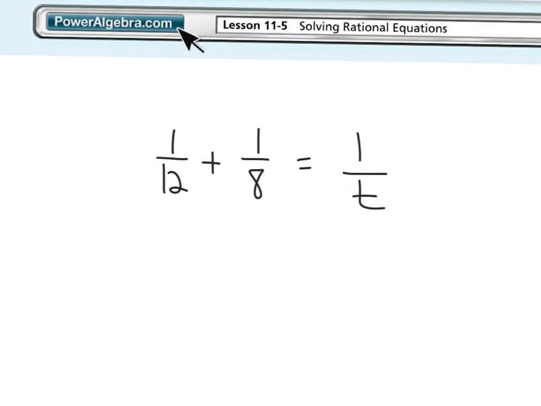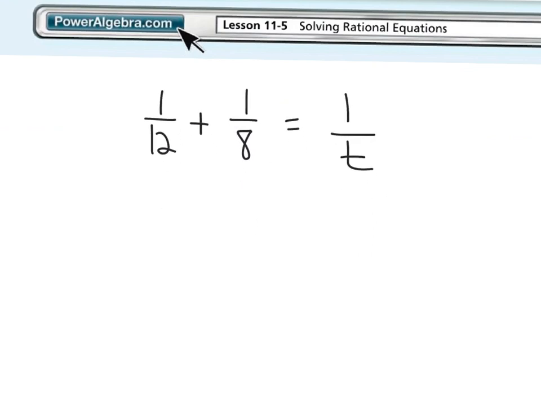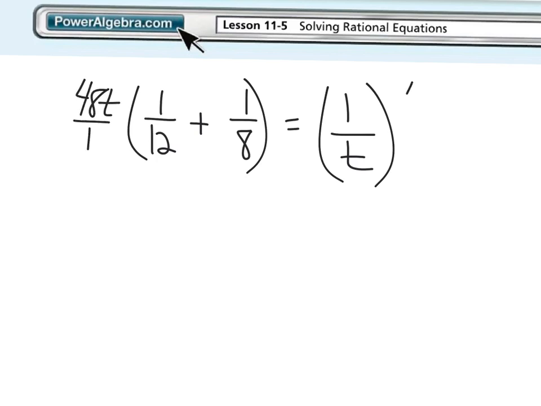So similar idea with these denominators. Technically with 8 and 12 we can get 48 to work, so we can multiply by 48t on both sides. If you don't see that, if you did 96, that would work also.